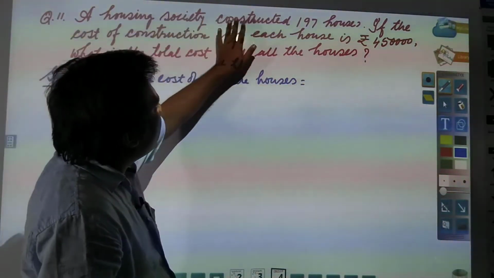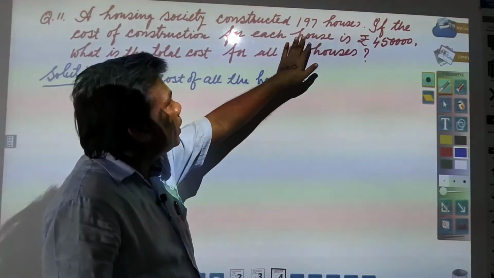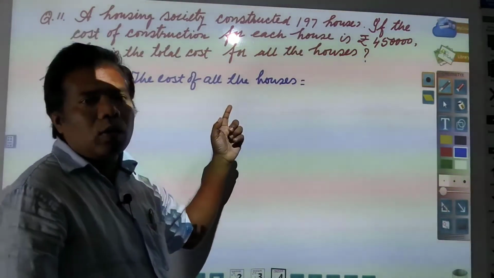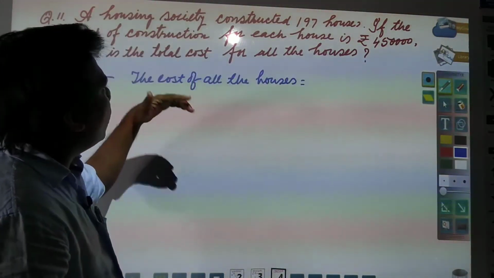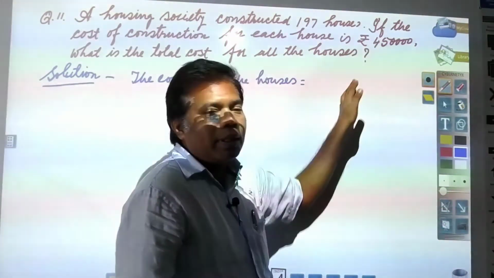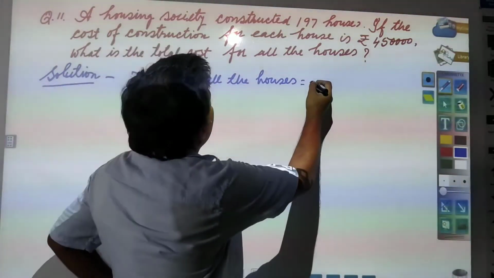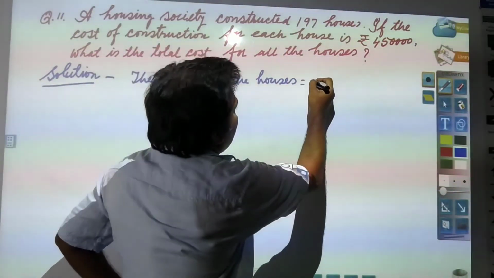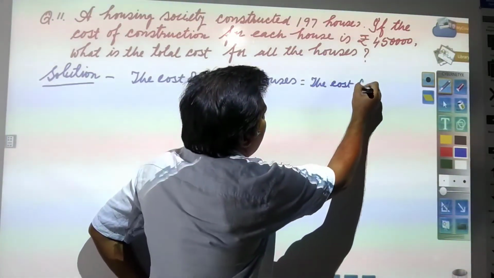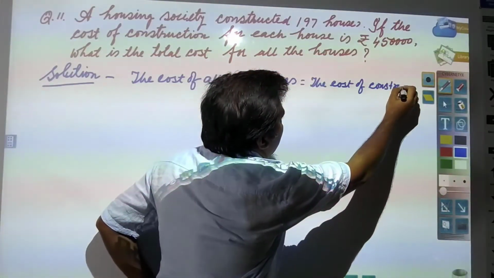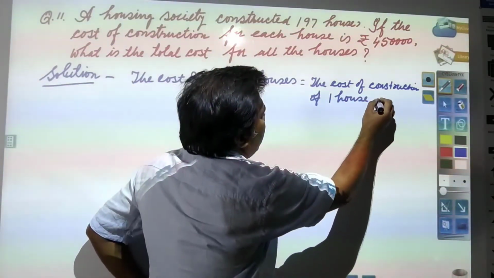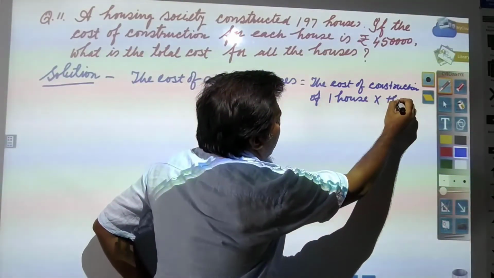A housing society constructed 197 houses. It means this is the number of houses, and for constructing one house, how much cost that is, or how much they have spent. So that is 4,50,000. So here you will write the cost of construction of one house into the number of houses.